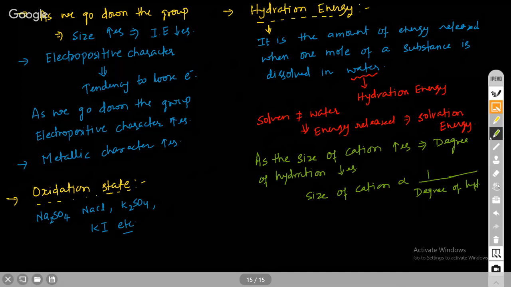Okay. So hydration energy will follow the same pattern. As size of cation increases, hydration energy also decreases. So order of hydration energy will be Li+ > Na+ > K+ > Rb+ > Cs+.